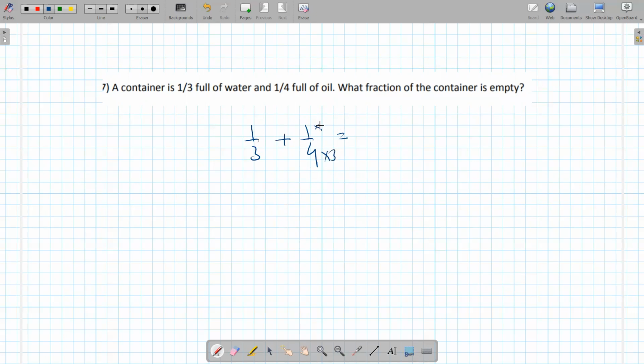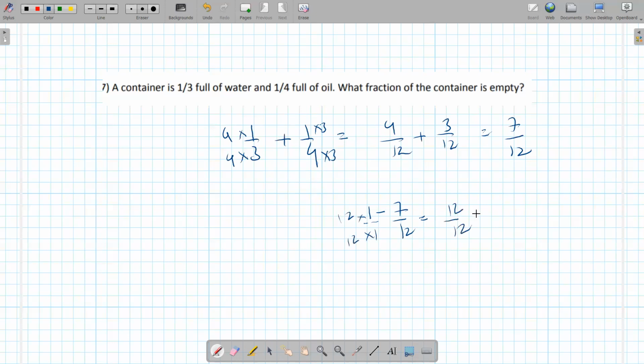So times 4 and times 3. You get 4/12 plus 3/12. So that's 7/12. And do you just subtract that from a 1? Yes. 1 minus 7/12. Again, we need to give this one a 12. So we get 12/12 minus 7/12. So the answer is 5/12.